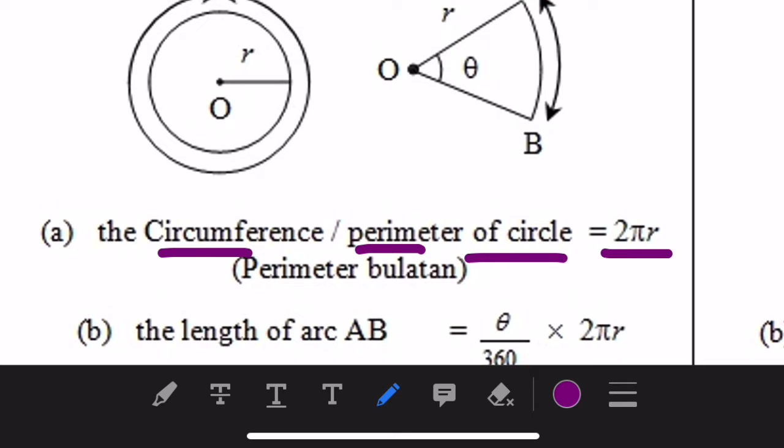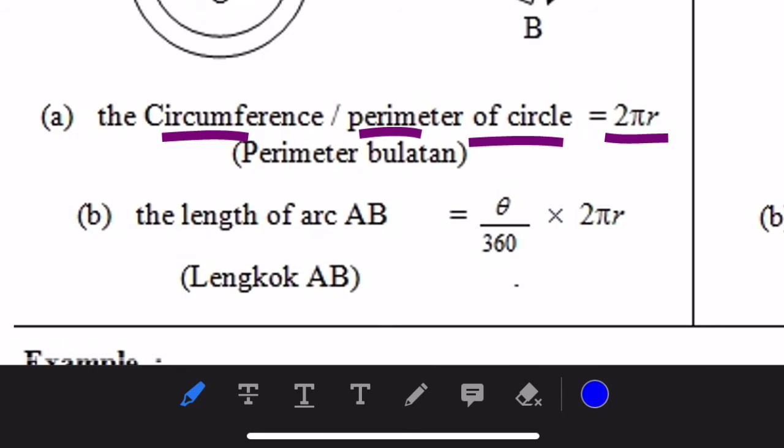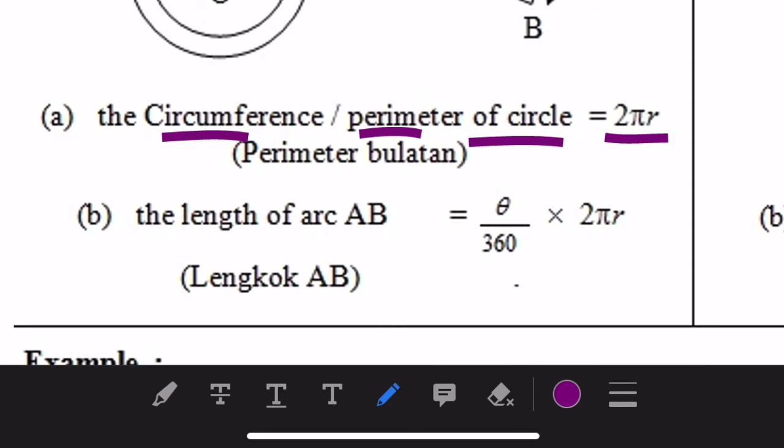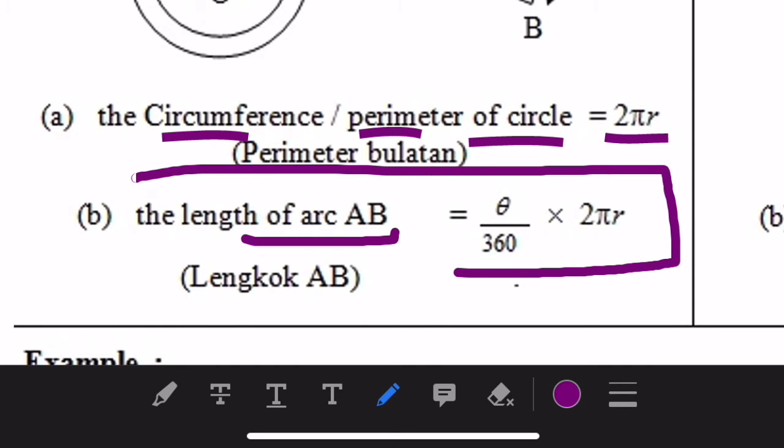Is 2 pi r, right? And then if one whole circle is 2 pi r, so if we want to find the arc length, we have to use this formula. Okay, please memorize this formula. Arc length for the circle is theta over 360 times the 2 pi r, right?